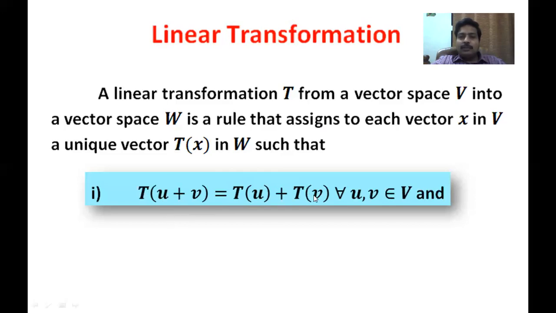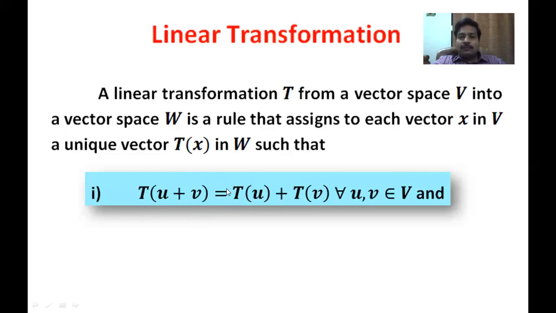So in a linear transformation, there should not be such discounts. Even if you take both the TV and refrigerator together, the shopkeeper should not give you discount. Then only it will become a linear transformation.